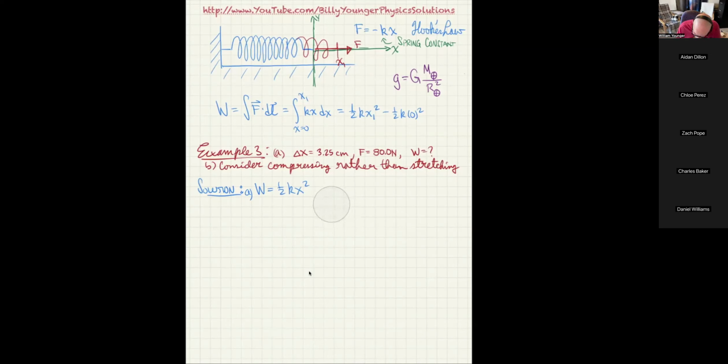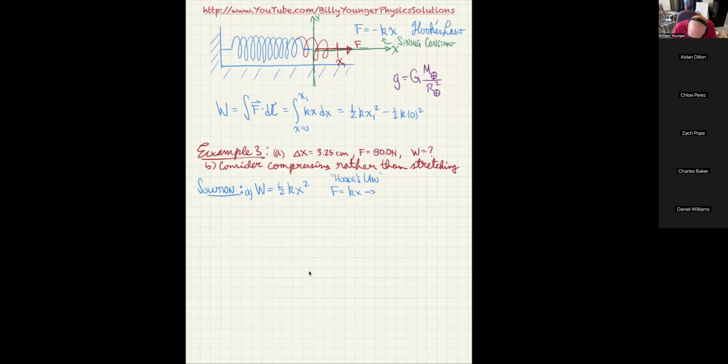The force being 80 newtons and the corresponding stretch being 3.25 centimeters tells us, using Hooke's law, ignoring the negative because you really only care about the magnitude here, that F is equal to kx. I put Hooke's law in quotation marks because I didn't include the negative.